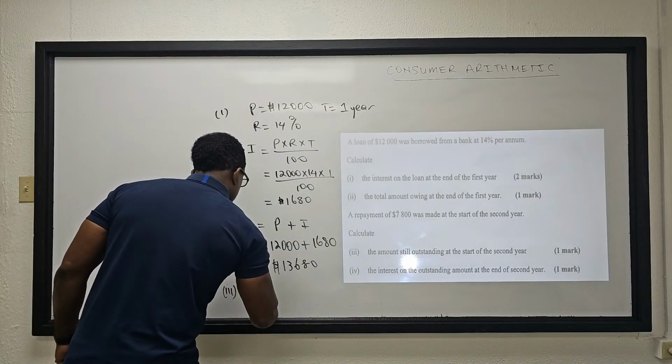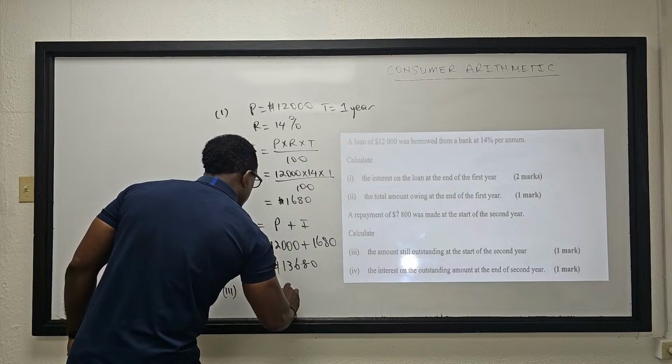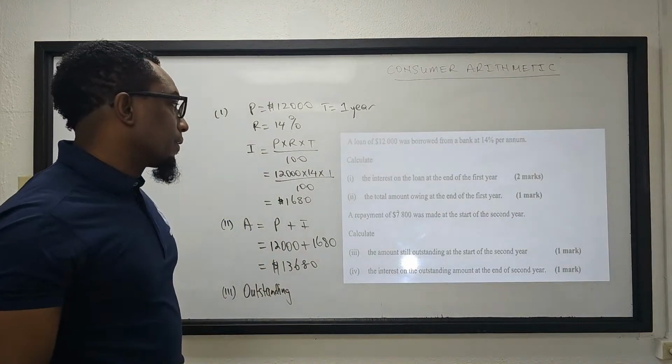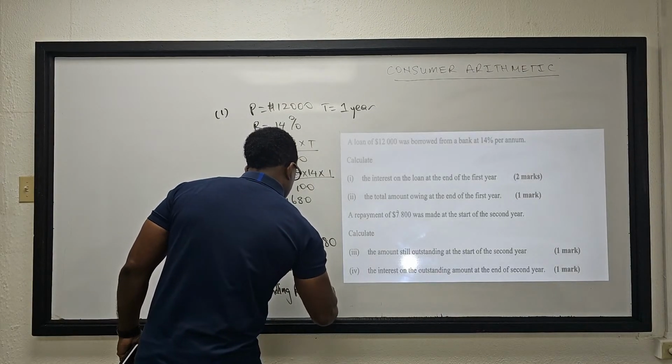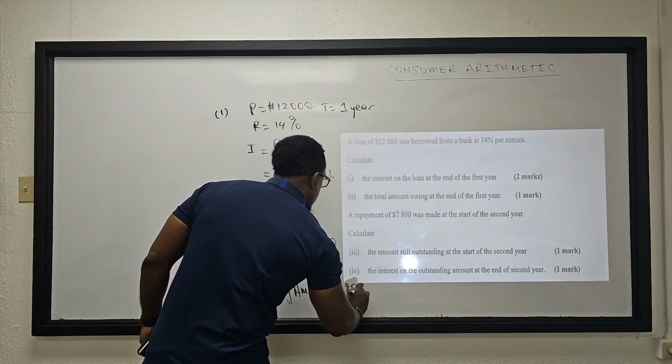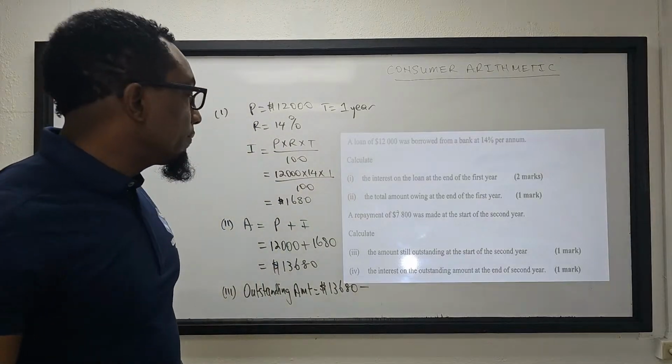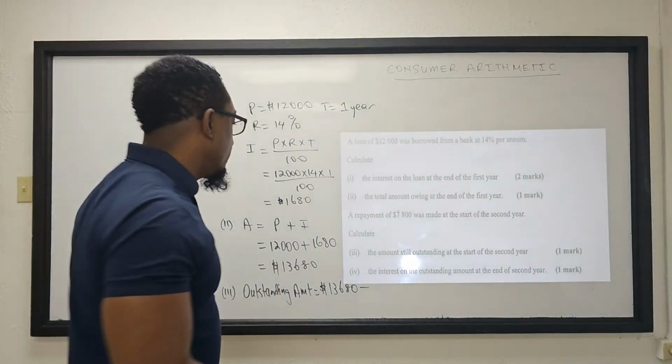For part 3, the outstanding amount will be 13,680, and we're going to subtract from that $7,800.